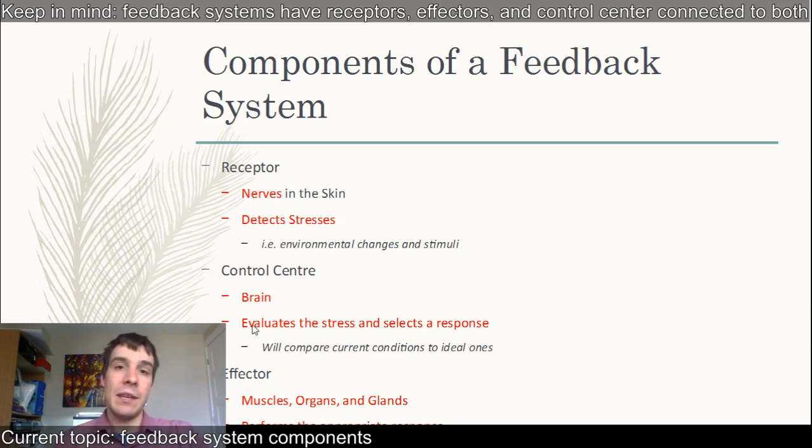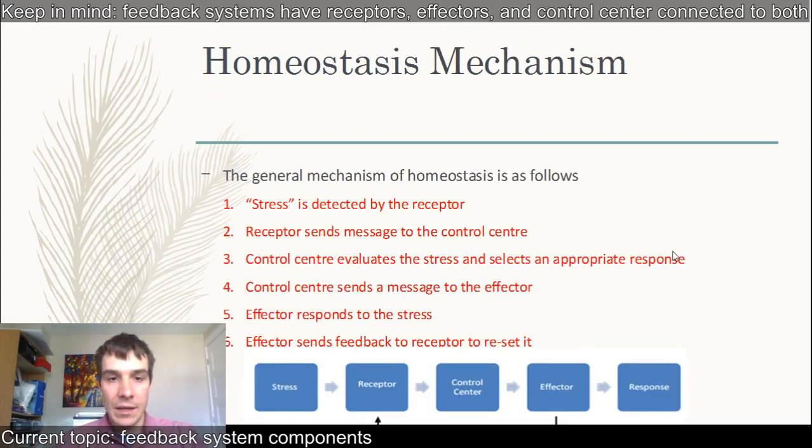For example, glucose is controlled purely in the pancreas. Your brain doesn't get involved in regulating blood glucose. The control center decides a response. And then the effector is all kinds of different things. It can be muscles, organs, glands. Sometimes a feedback system will feed back to the receptor, and it performs the response. And then the control center can check again and see if it needs to continue that.